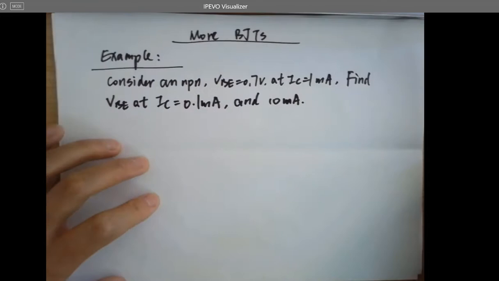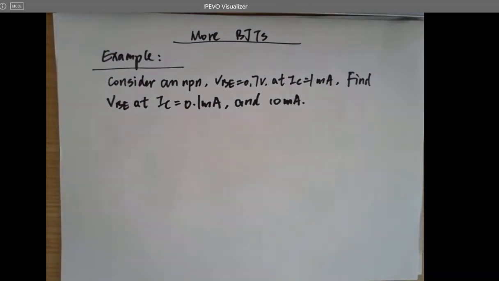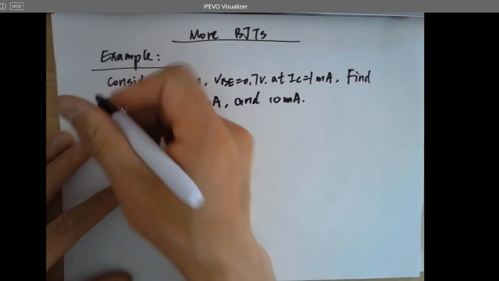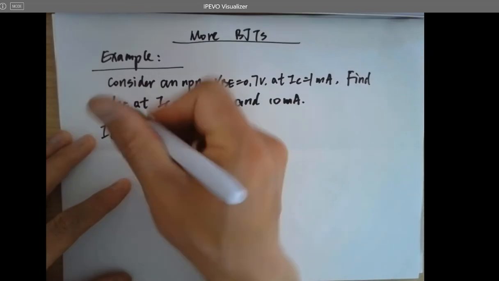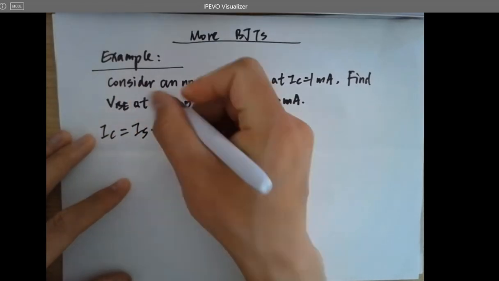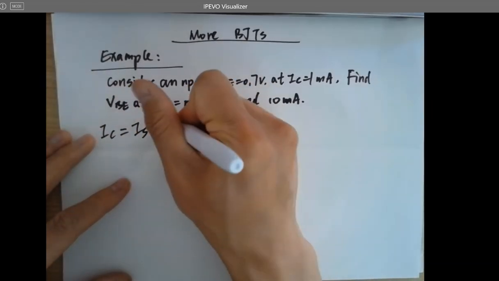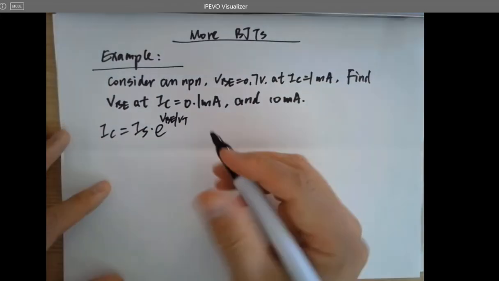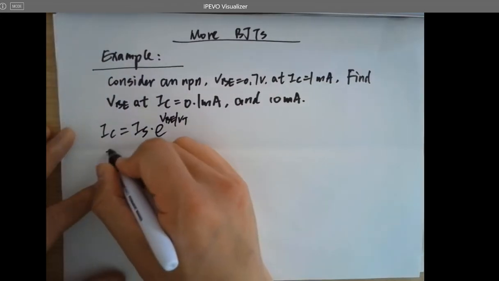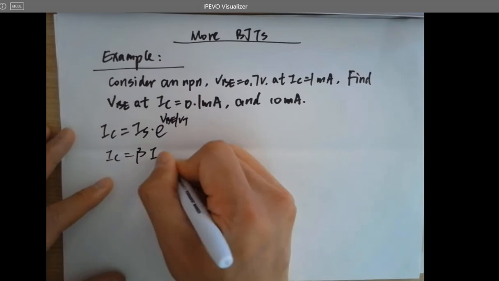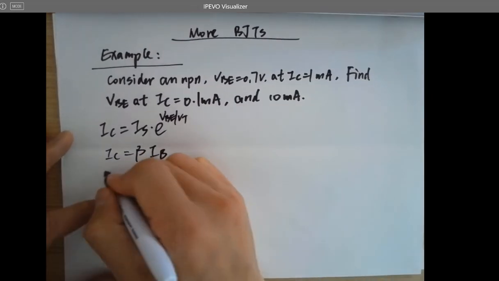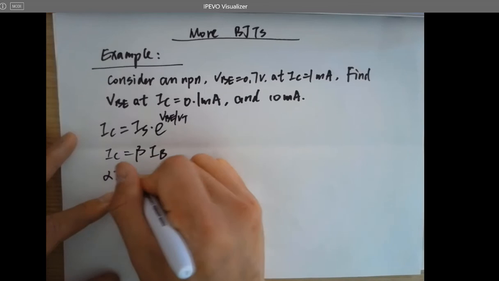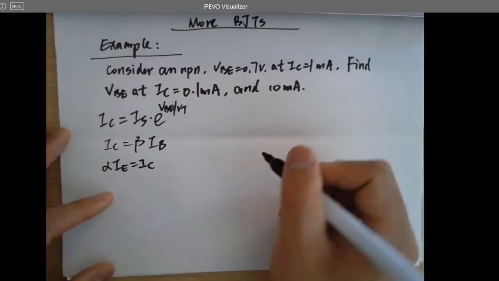Still remember all these equations? What are these ones? When we learn IC equals IS times e to the VBE over VT, right? And IC equals beta times IB, and alpha times IE equals IC.